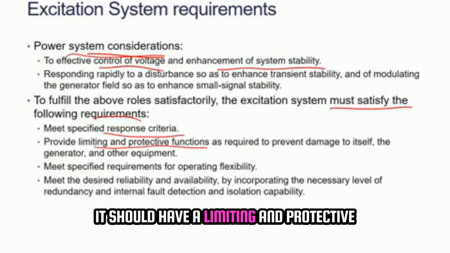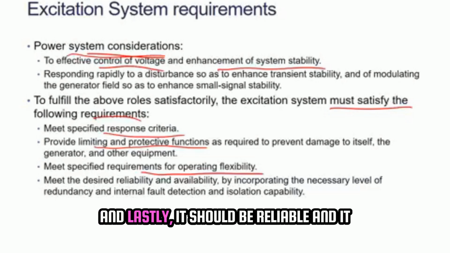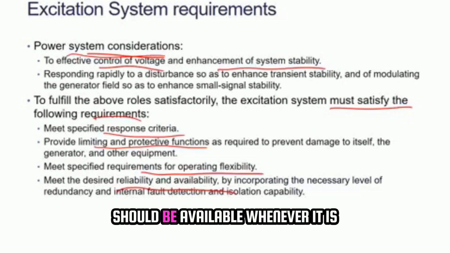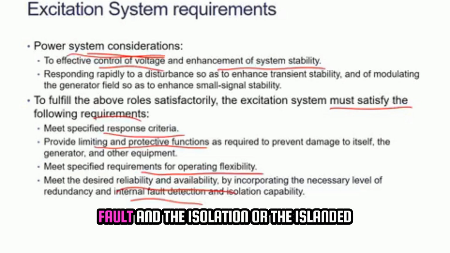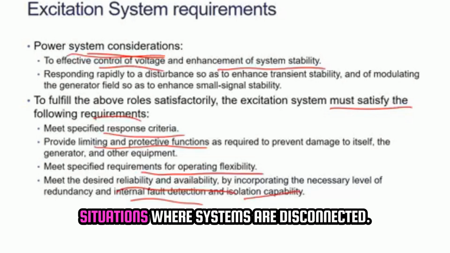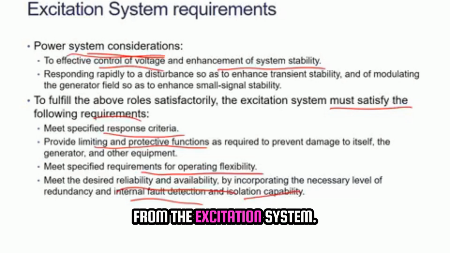It should have a limiting and protective function to ensure that the excitation system does not damage itself, right? And it should provide sufficient operating flexibility to the system. And lastly, it should be reliable and available whenever it is required, especially during faults and isolated or islanded situations where systems are disconnected, right? So these are the basic requirements from the excitation system.